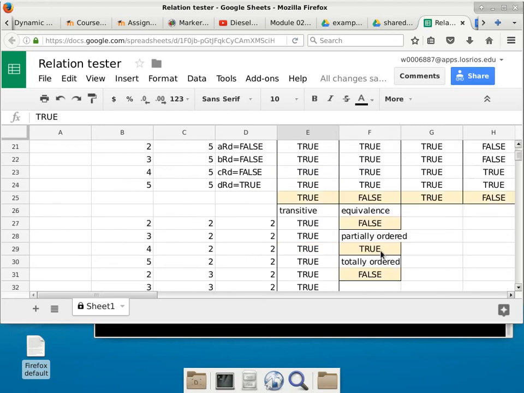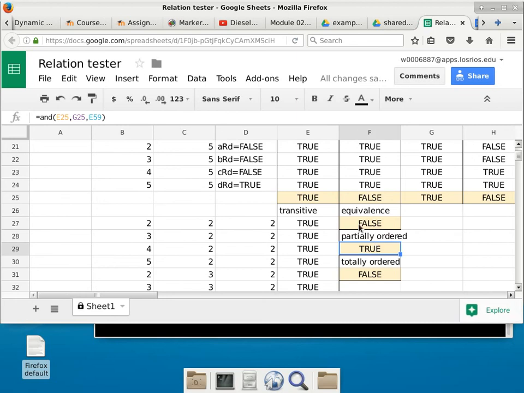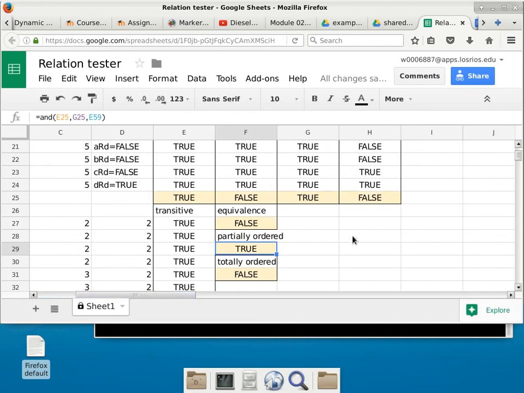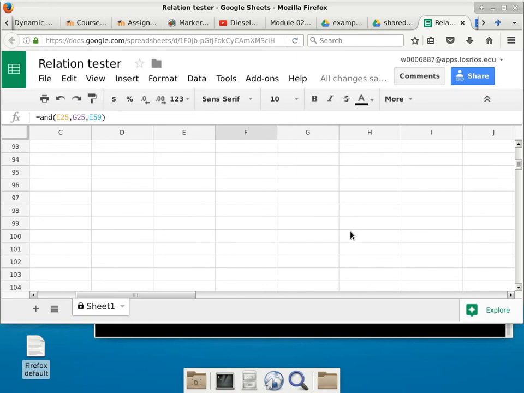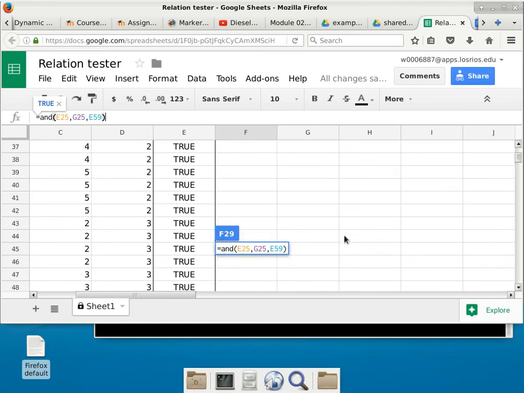And then when you look at this, partially ordered is true because it needs transitive. It is not transitive. Partially ordered needs... Oh, I know why, because I got a problem in the spreadsheet.